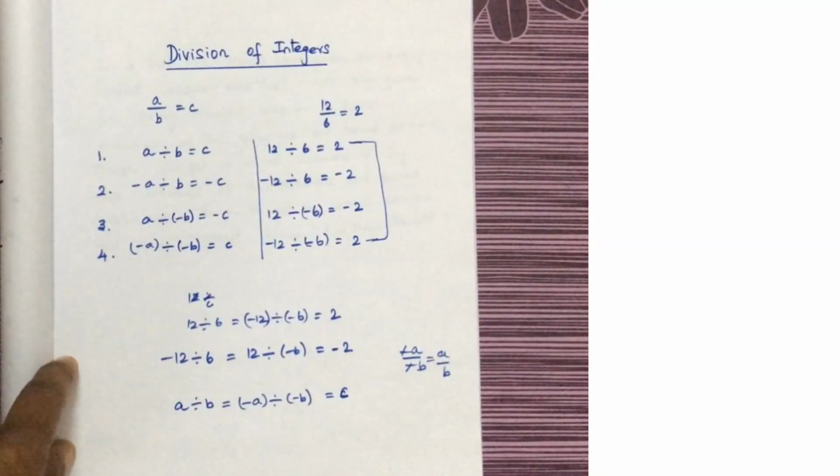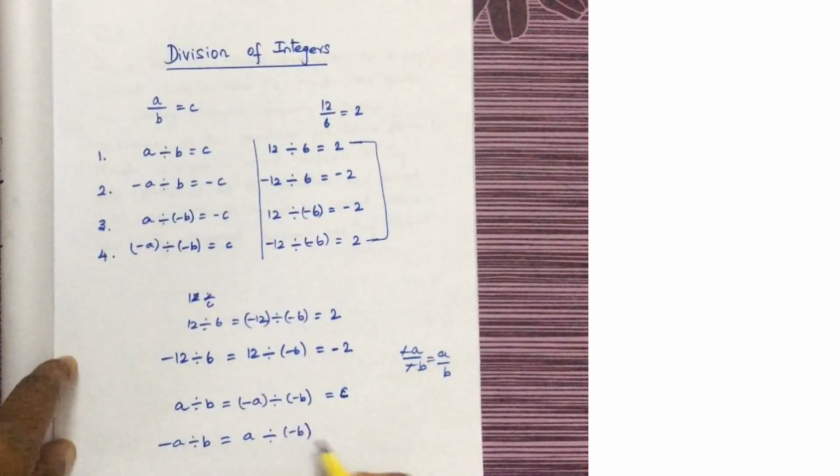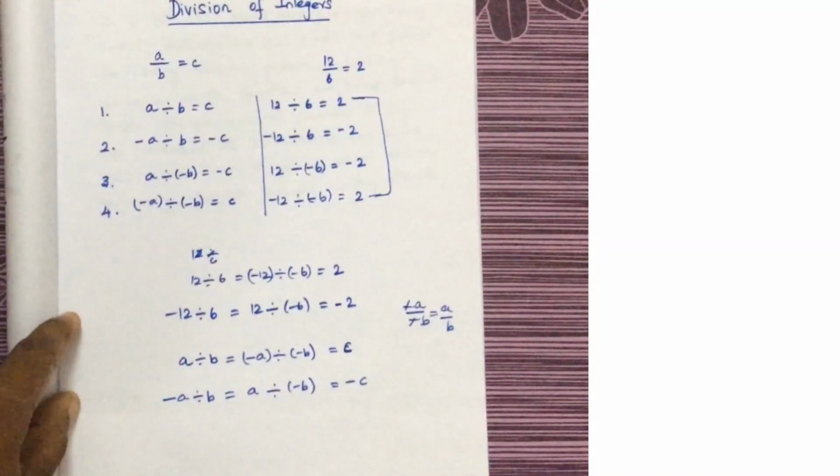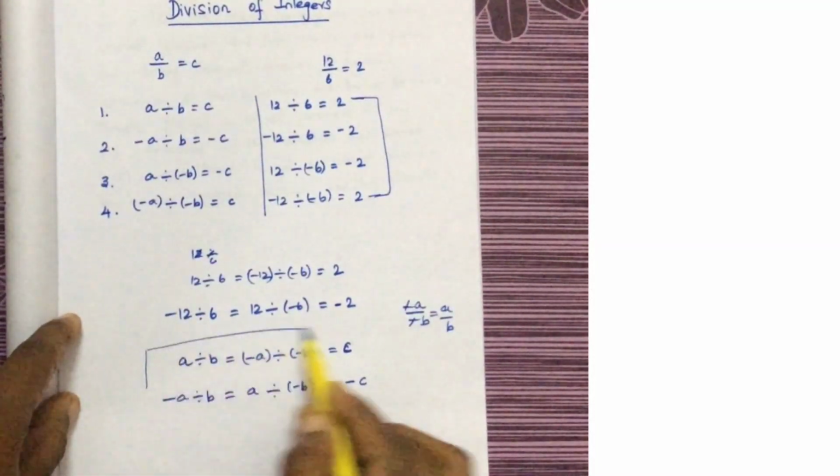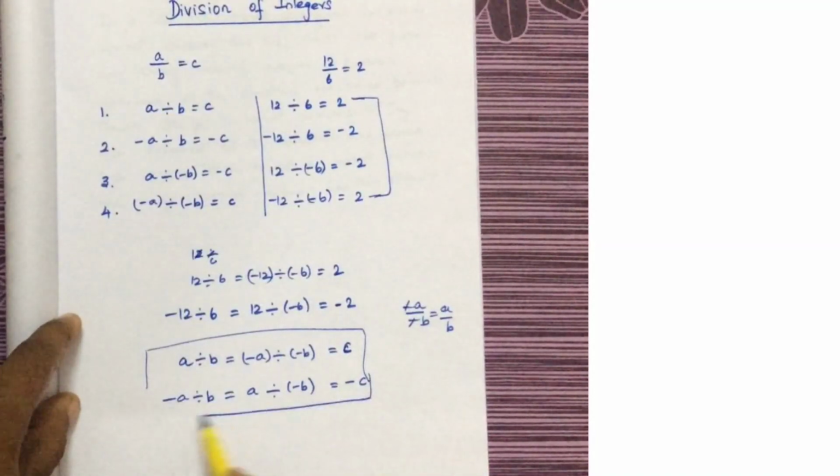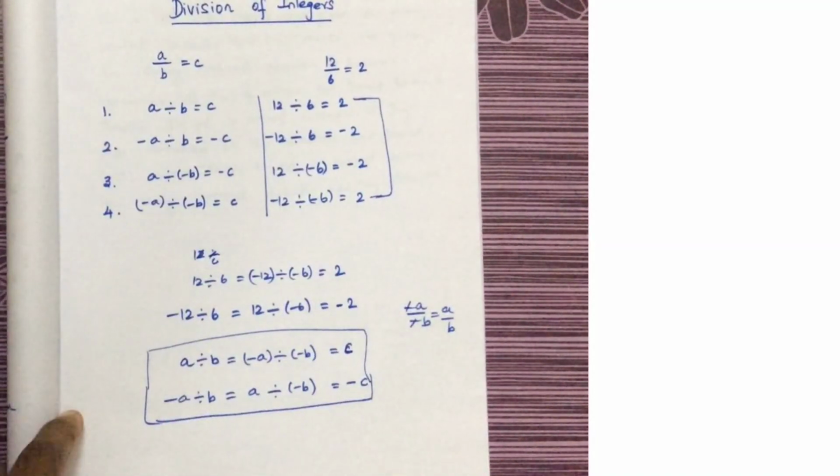The next case is either minus a divided by b or a divided by minus b, the answer is going to be minus c. These are the 2 important cases for division of integers.